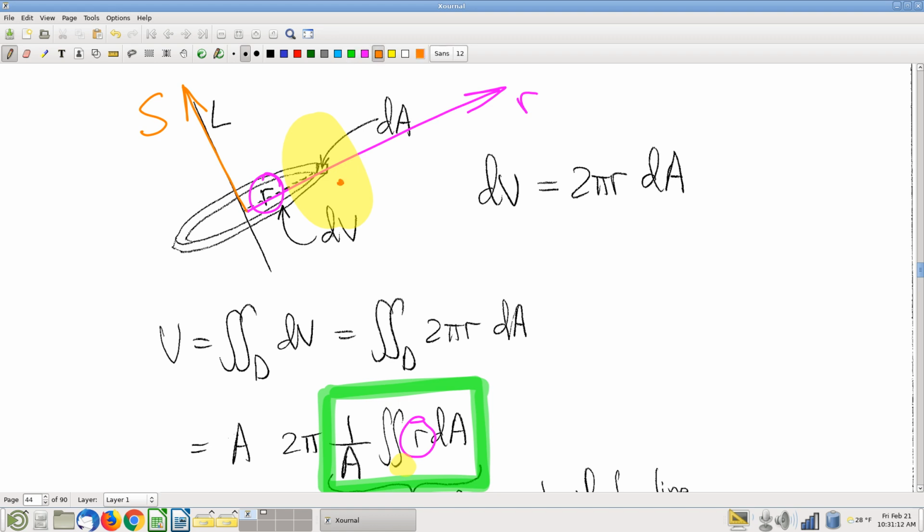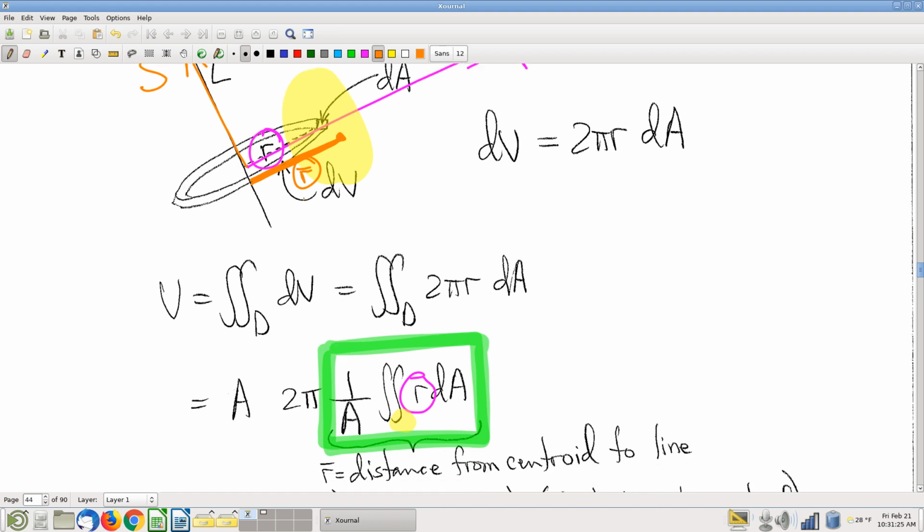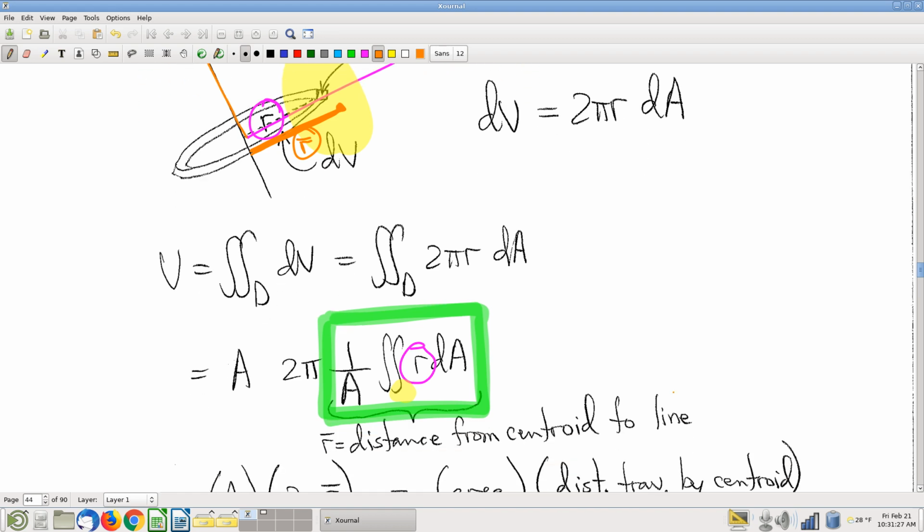Let's say the centroid, in orange, is that point. That's the distance from the centroid to this L line, to the other axis. So that distance is r bar. So this integral in green is the distance from the centroid to the line that you're rotating around. So that's the real slick point of view.